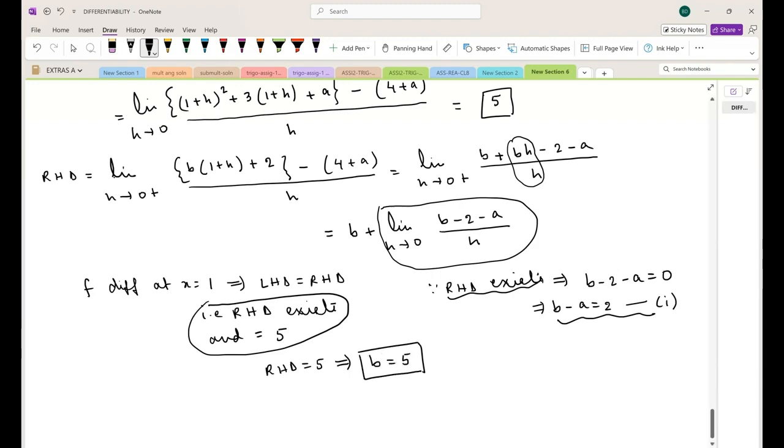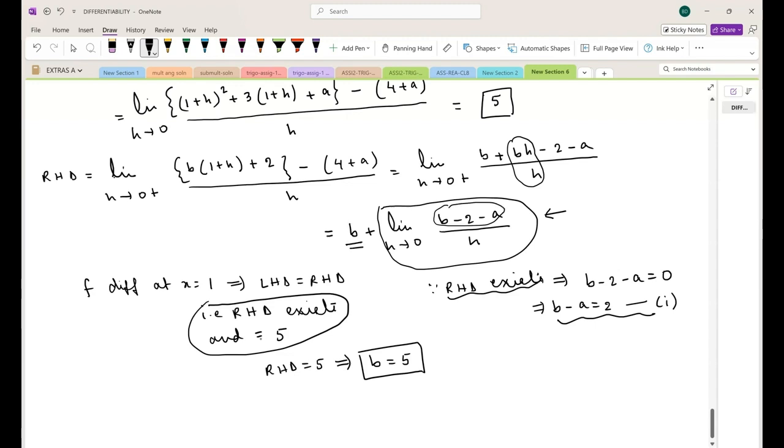So this last part is very important. I am repeating once more that in order for this limit to exist, I must have the numerator 0, otherwise the limit will not exist. So this is one condition we get, that b minus a equal to 2. And now what happens to the right hand derivative? Since this portion has become 0, the entire right hand derivative is just b, right?